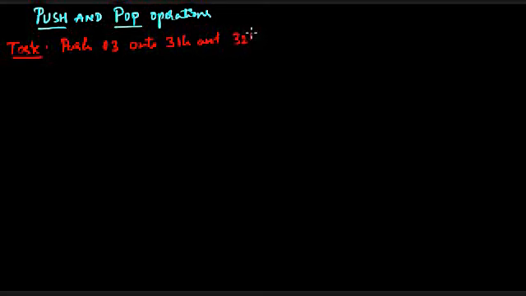In this video, we will see how to place and retrieve data onto stack, which is nothing but push and pop operations of 8051. To understand this better, let us say we have a task wherein we need to push immediate data 03 onto memory locations 31H and 32H.